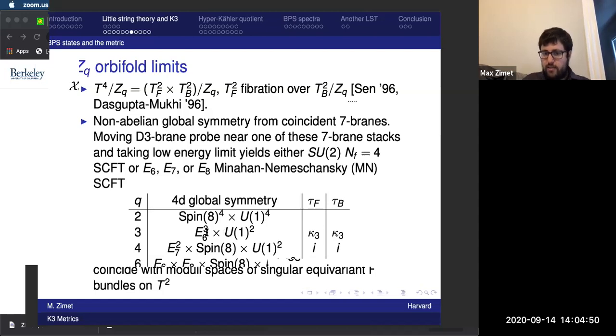Or if you probe these singular fibers, then locally near each singular fiber you get one of the E6 Minahan-Nemeschansky CFTs. Here you get one of the E7 CFTs, etc.